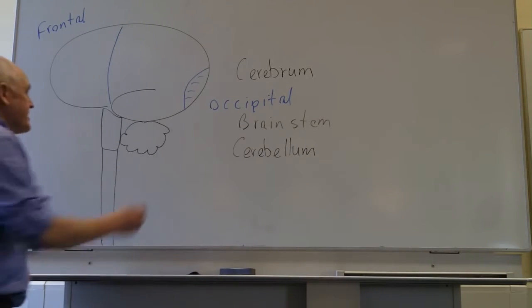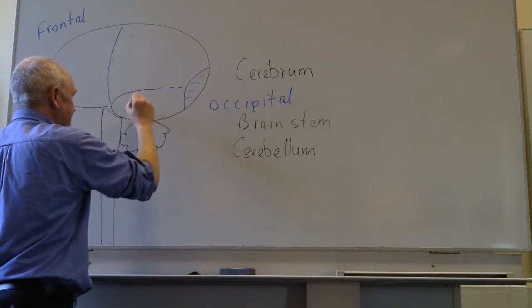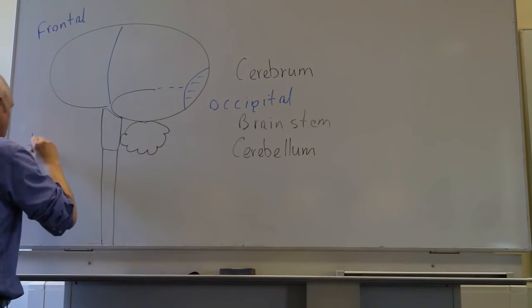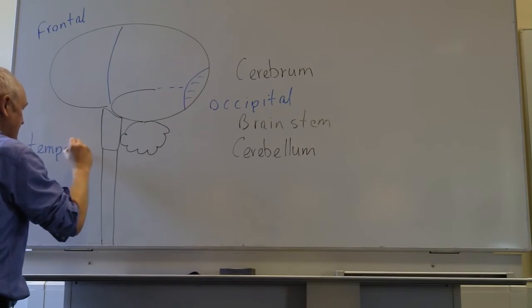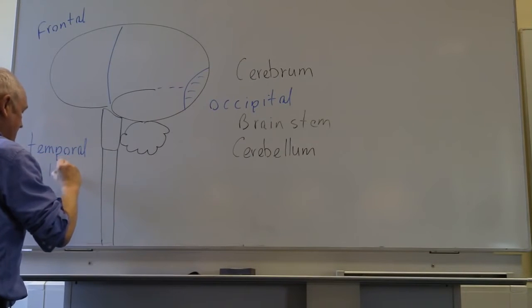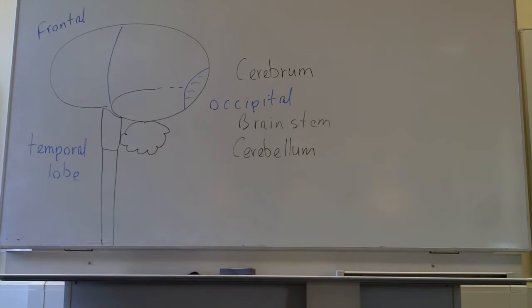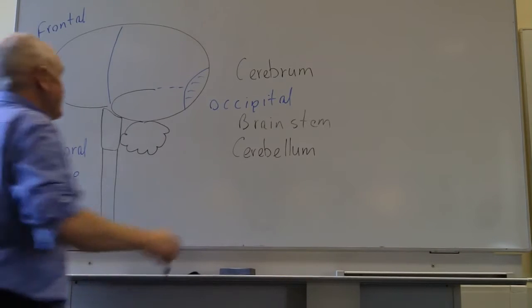And then this lobe above the ears is the temporal lobe. And the large lobe on the side is the parietal.